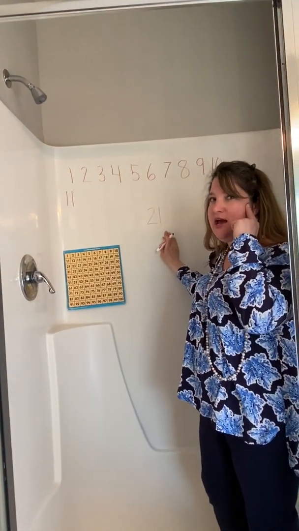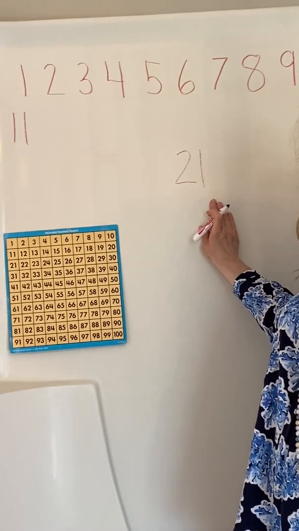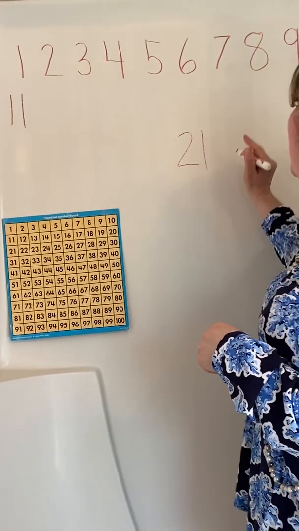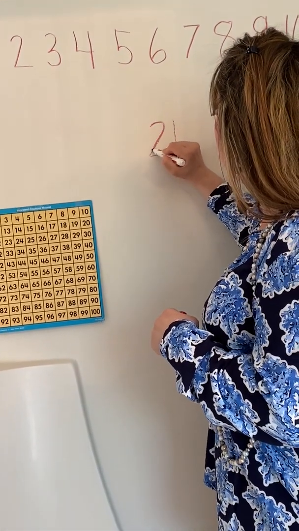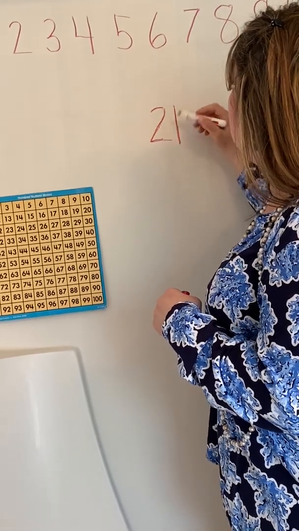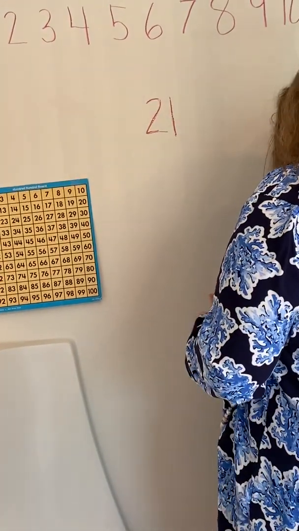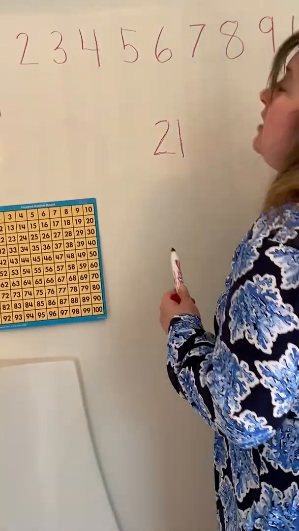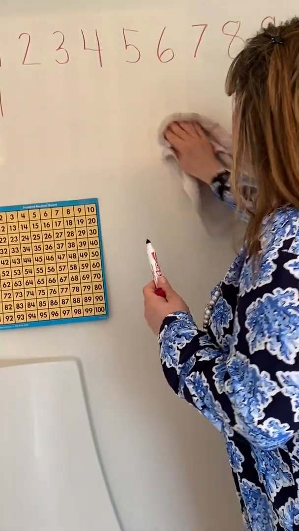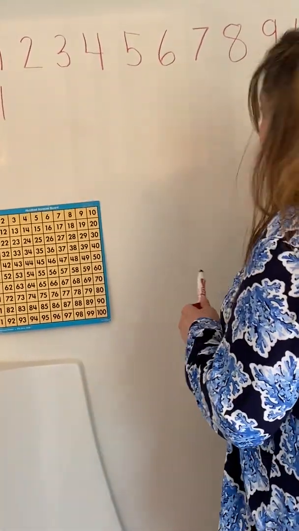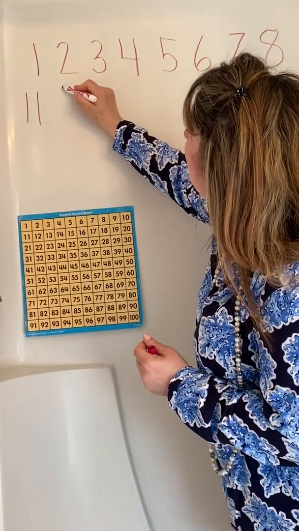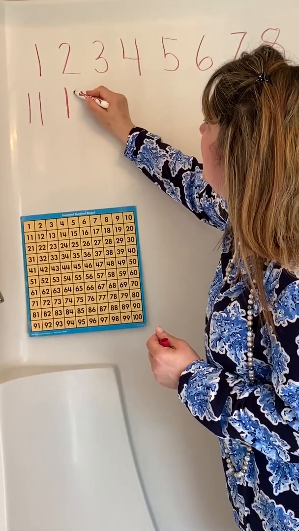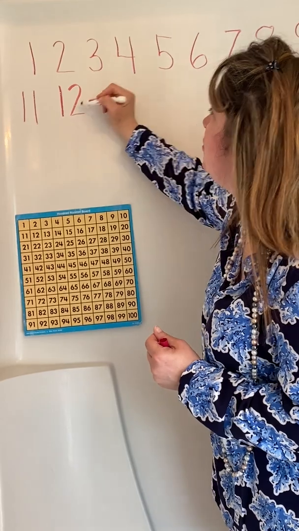Let's use our thinking cap. No, that is a 2 and a 1. The 2 can't go first. That number is 21. So in order for it to be 12, you have to write it in the correct order: 1 and then a 2.